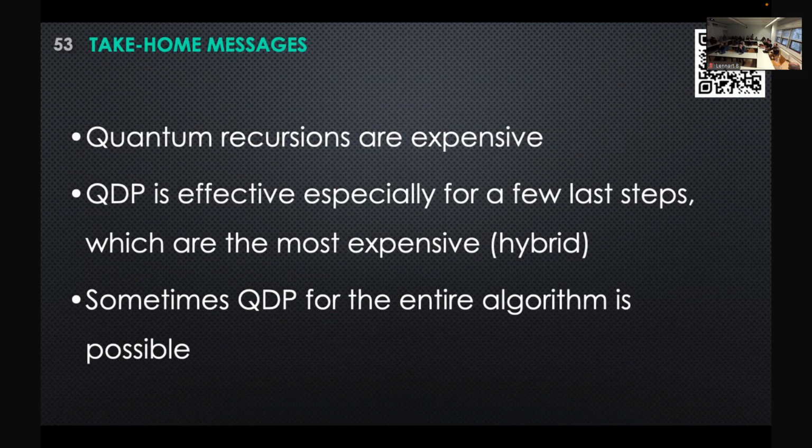And lastly, by our theorems, sometimes QDP can actually replace the entire recursion and truly make the circuit depth polynomial in the number of steps. Right, that's all for my talk. Thank you.